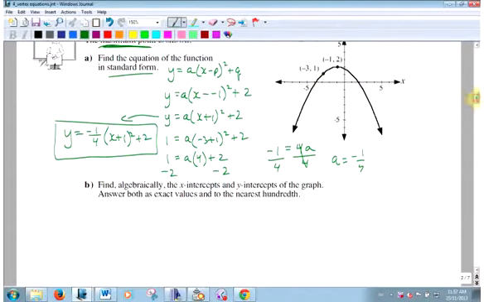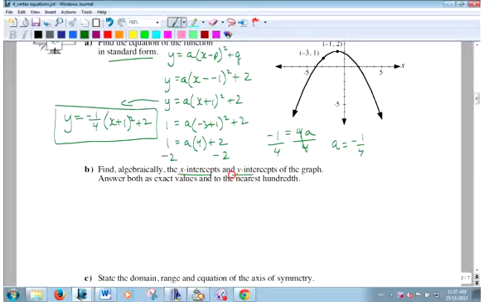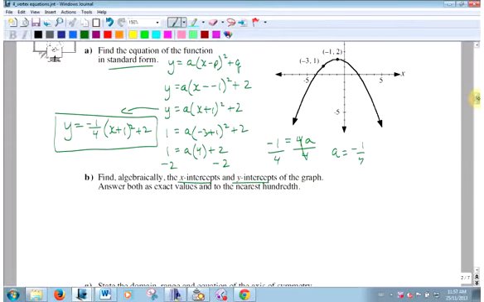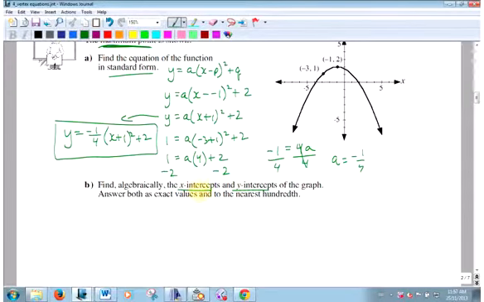Okay, so algebraically, the x-intercepts and y-intercepts. How do we get the x-intercept? What do we know with the x-intercept? Y is 0. Let it be 0. We got to solve this guy.